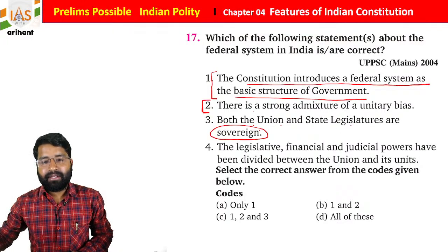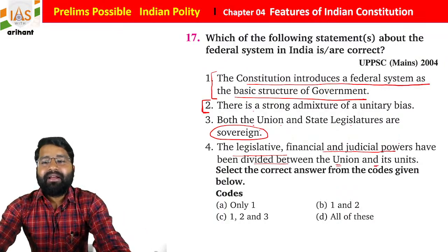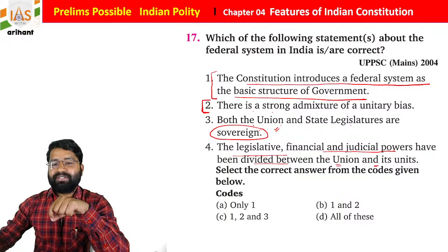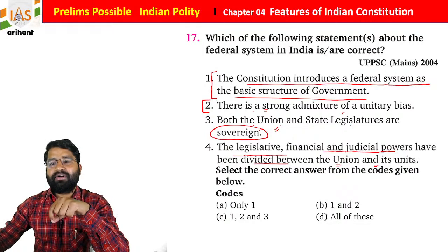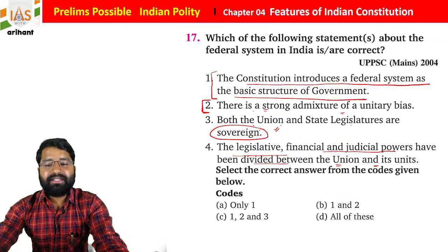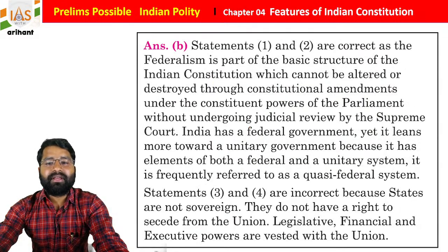Okay. And then the legislative, financial and judicial power have been divided into union and its units. So see, there is a question about the federal. So federalism is not here, no? So basically there is a strong admixture of unitary bias. Okay. So if you see, basically statements 1 and 2 are correct here.